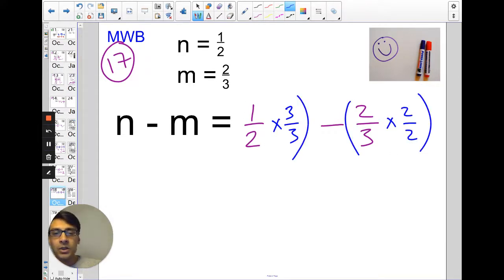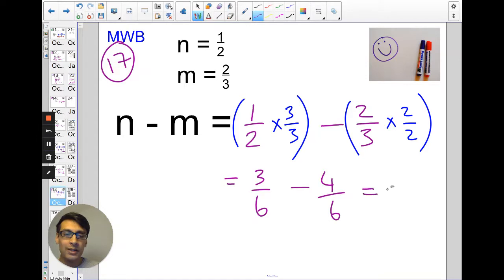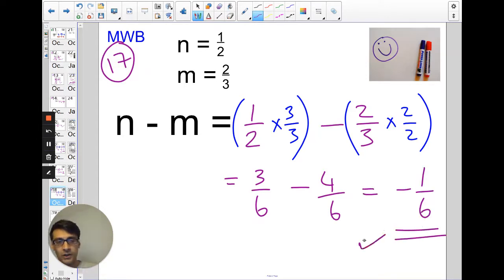So make sure you're showing all of this working out when you upload your work, when I ask for it. So here this is going to be 3/6 take away 4/6, which is -1/6. So give yourself 2 ticks if you got that correct. You get a negative answer.